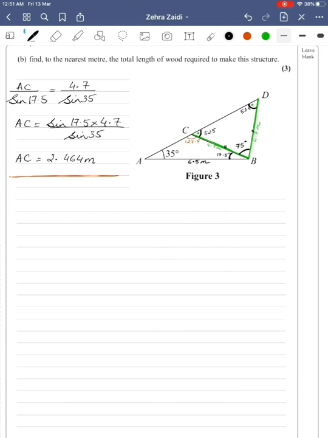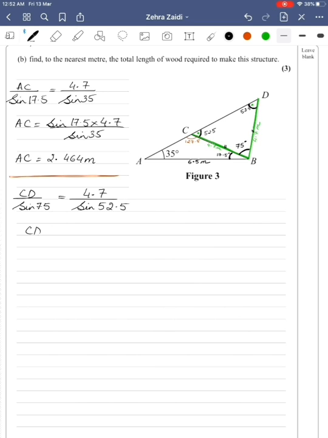So we have CD divided by sine 75 is equal to 4.7 divided by sine 52.5.